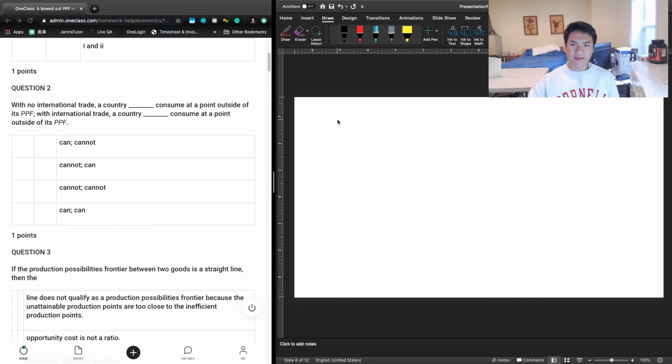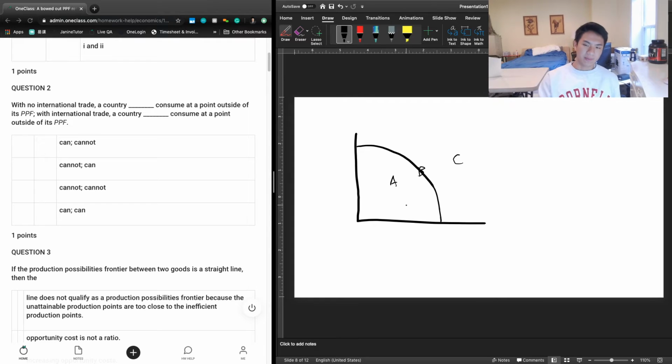we can define there to be 3 main zones of the PPF, right? We have zone A, we have zone B, which is on the line, and then we have zone C. Conventionally speaking, and this is a two-good model where there's no trade, C is impossible. You simply do not have the resources or the technology or productivity to put together resources for bundles outside of the production possibilities frontier.